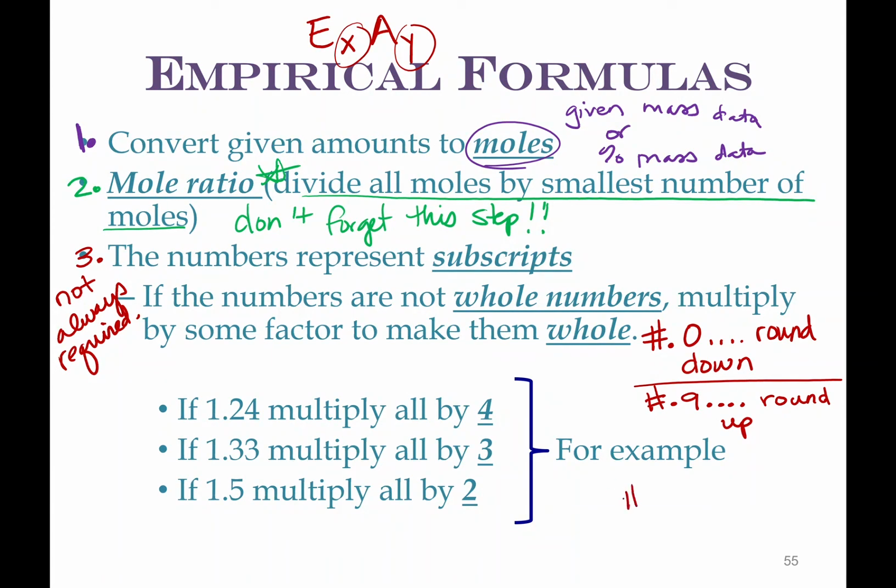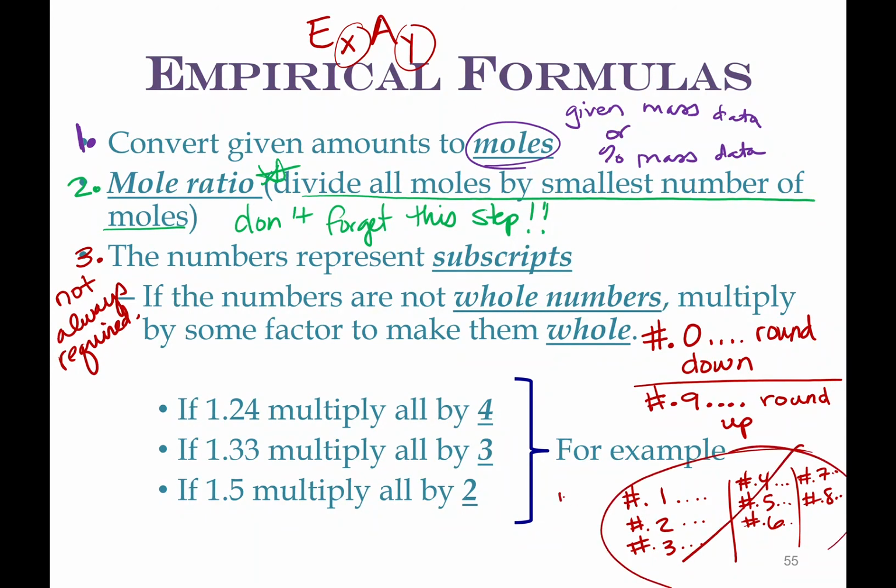However, number .1, number .2, number .3, you're getting a trend here, number .4, number .5, number .6, number .7, and number .8, these are not roundable. If you just round them, you'll get the wrong answer.